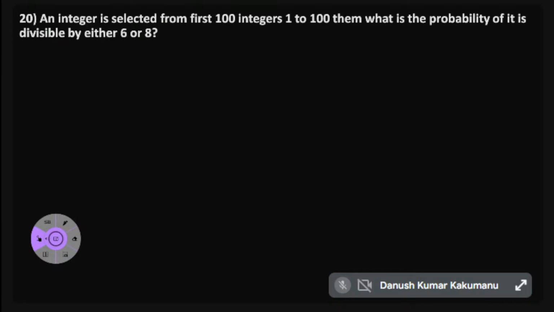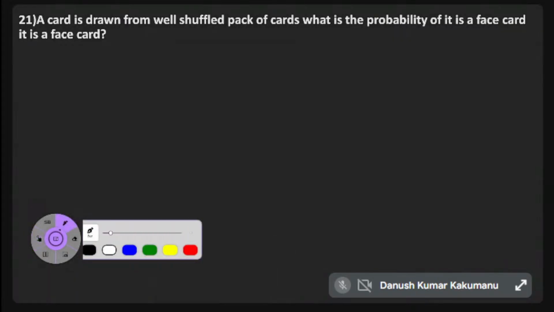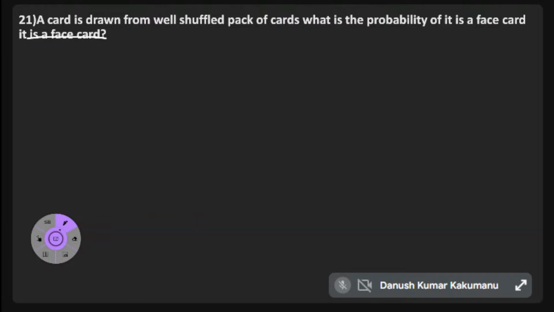A card is drawn from a well shuffled pack of cards. What is the probability that it is a face card? 52C1: how many ways to draw one card? 52C1.